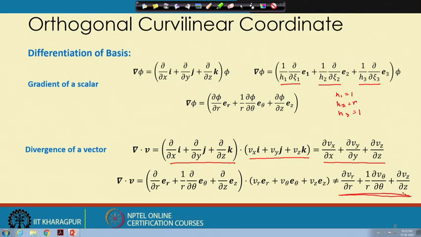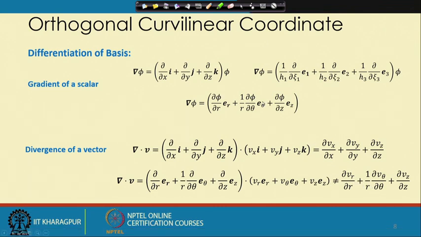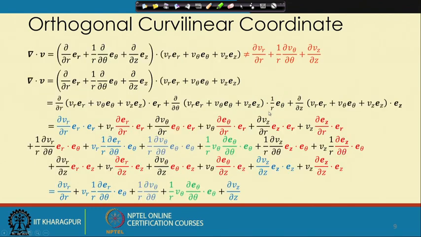Why it is not true, we will see in the next slide. Most of us make this mistake; we represent it in the cylindrical system the same way we represent it in a Cartesian system, but it is not true. Let us see why it is not true and what the difference is.